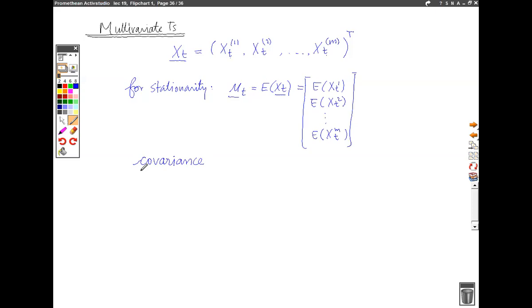Also not taking into consideration the variances. So what I can write is, for my covariance now, I will have an m by m matrix, where you will have, let's say, xt1, xt2, so on till xtm. And again here you will have xt1, xt2, so on till xtm.